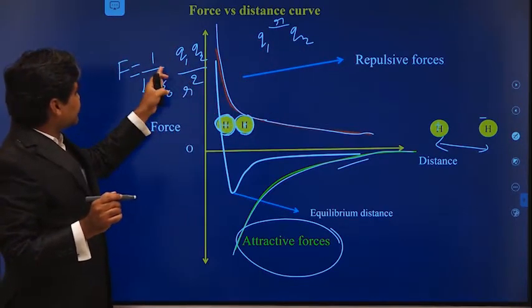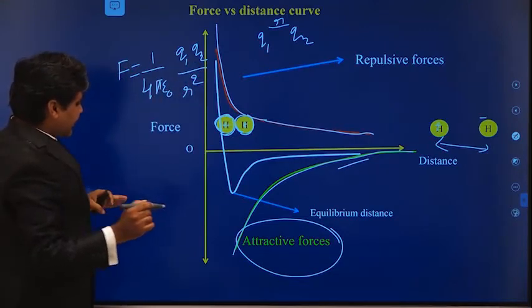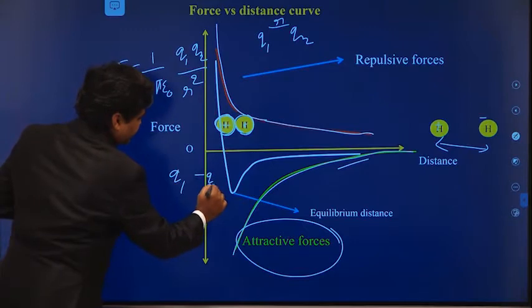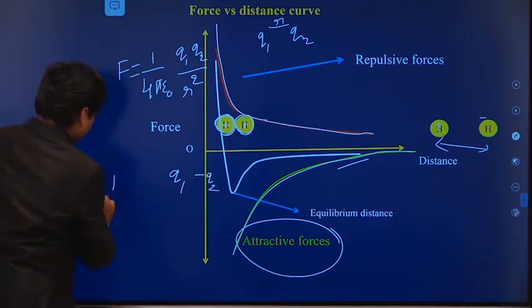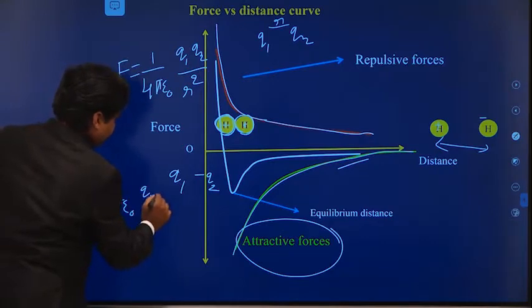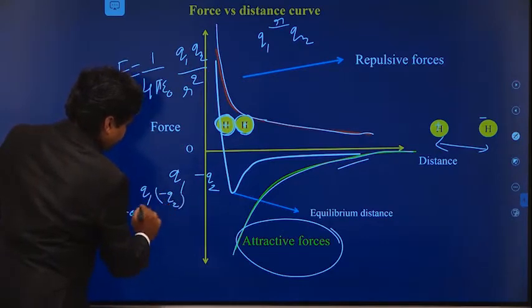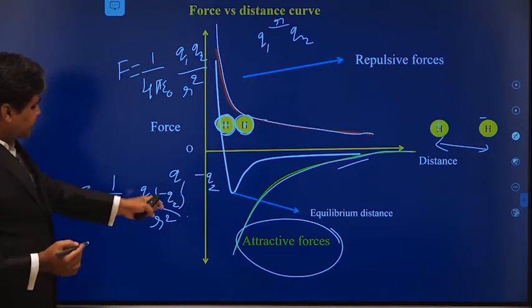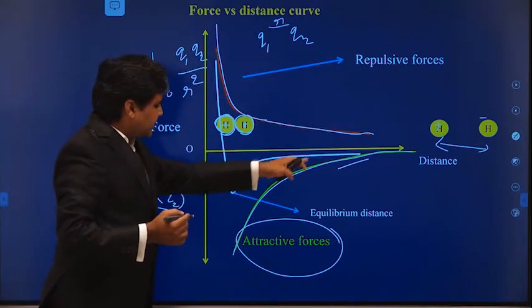And the attractive force, if there are two charges Q1 and minus Q2, is equal to 1 by 4 pi epsilon naught, Q1 times minus Q2 divided by r square. Since we have a negative sign, the attractive force is always negative.